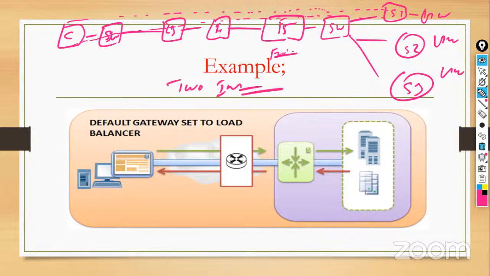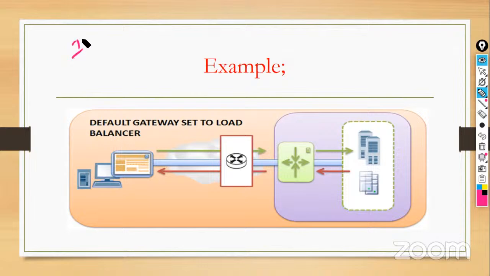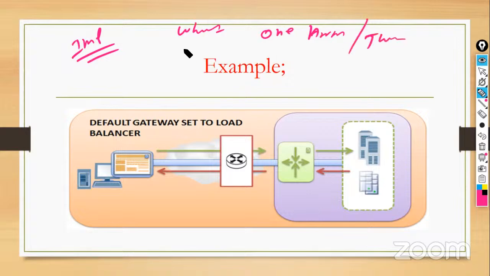This is a very important question. If someone gives an F5 interview, they have questions like: what is one-arm or two-arm mode? What is self IP and floating IP?